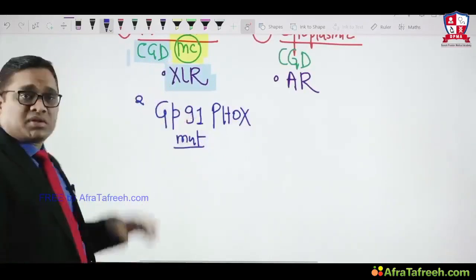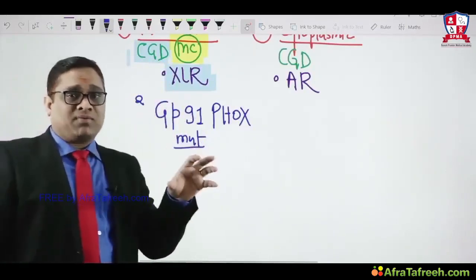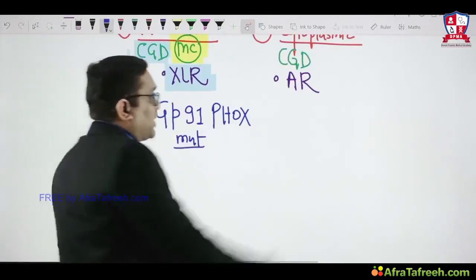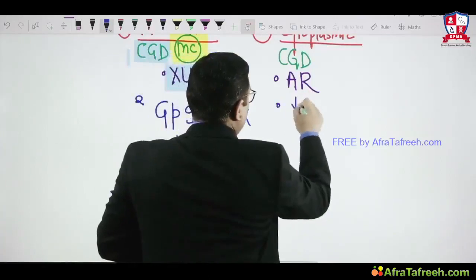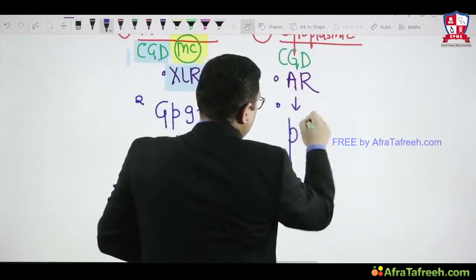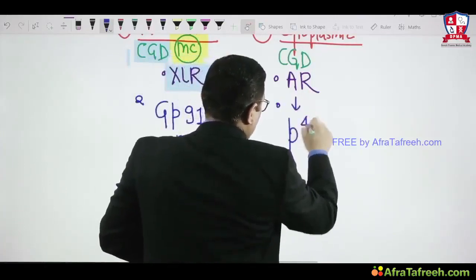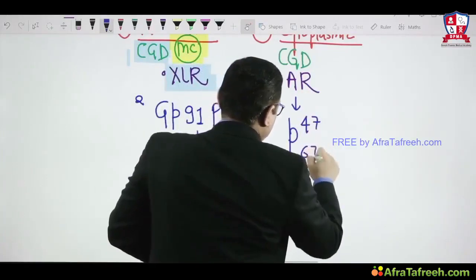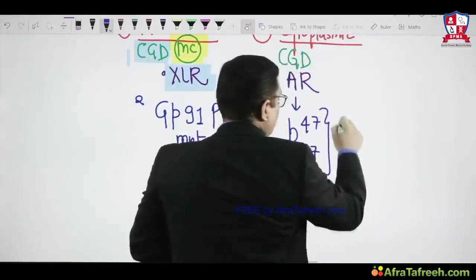GP91 FOX gene mutation is associated with the membranous type of chronic granulomatous disease, whereas autosomal recessive is associated with two proteins called P47 and P67 FOX gene mutation.